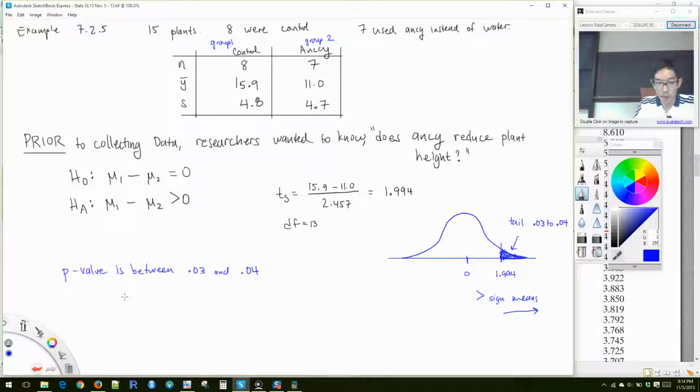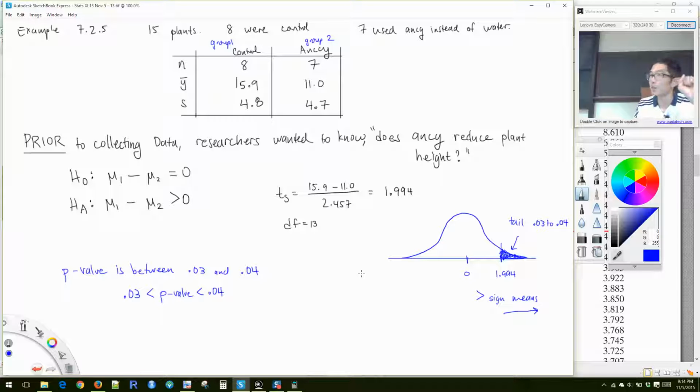Or I could write 0.03 is less than our p-value is less than 0.04. Is this okay so far?